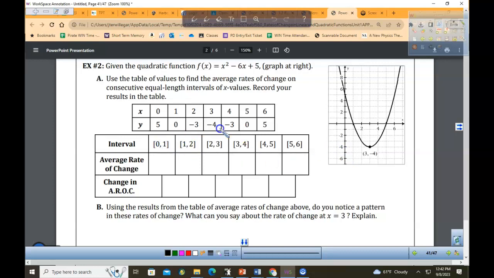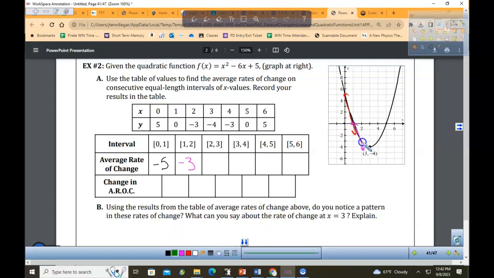So when I go from 0 to 1, from here to here, the slope of that line is -5. From 1 to 2, this line, that slope is -3. And we do that by doing our change in y over change in x, right?